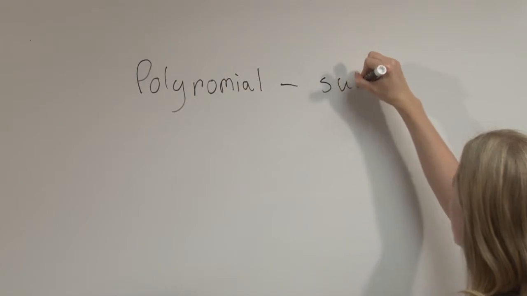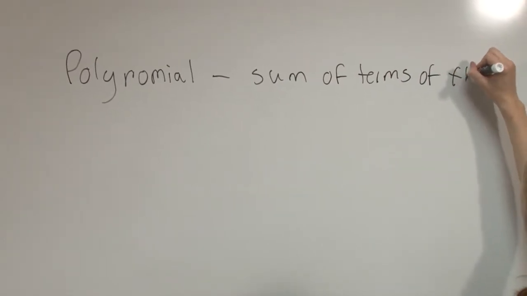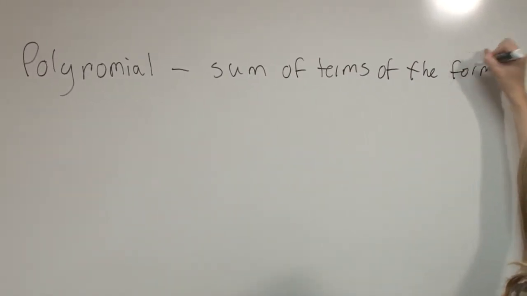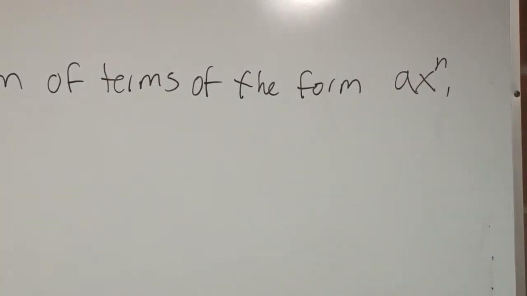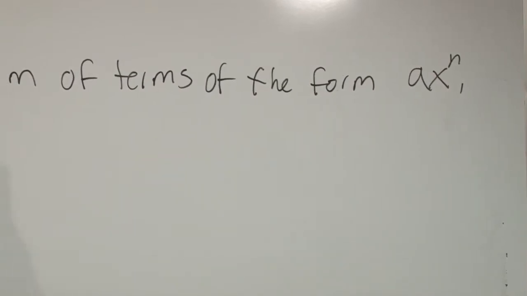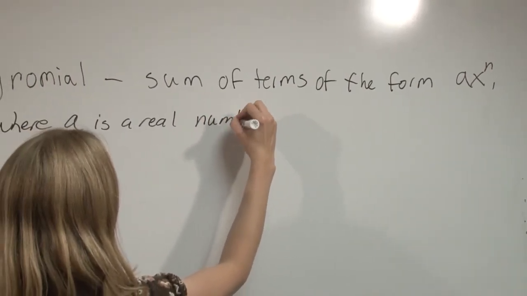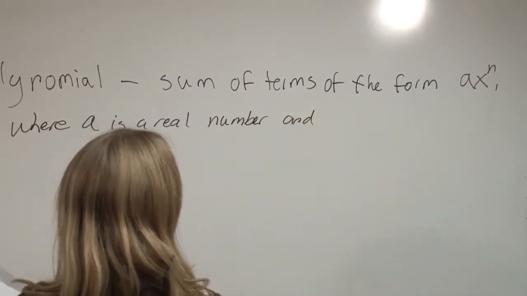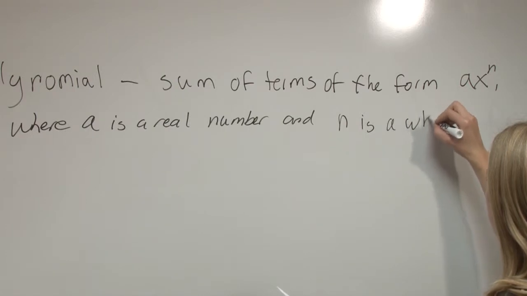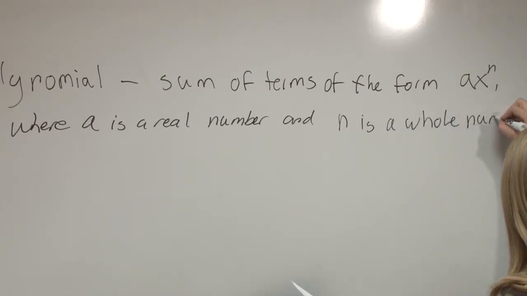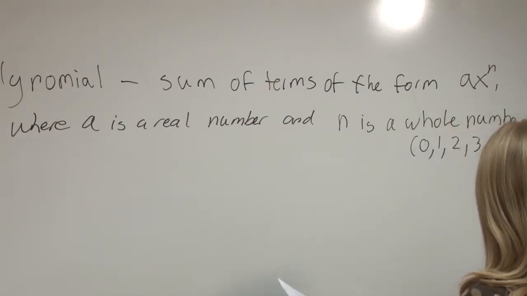A polynomial is a sum of terms of the form ax to the n, where a is a real number, and n is a whole number. And remember, whole numbers include 0, 1, 2, 3, etc.